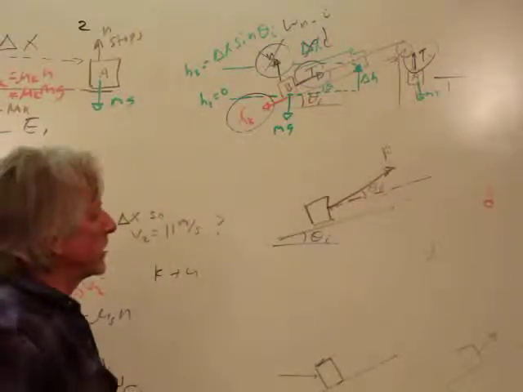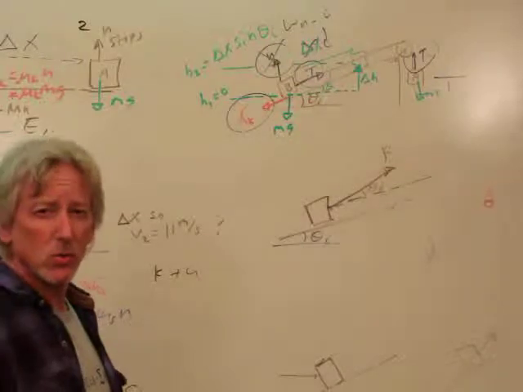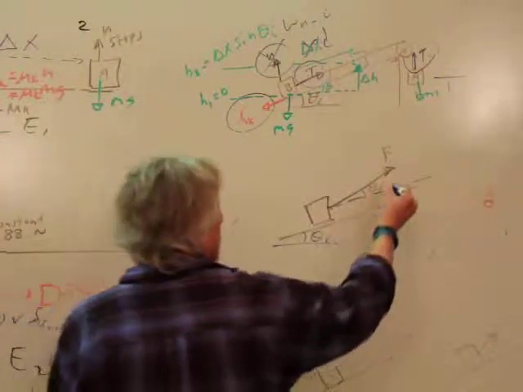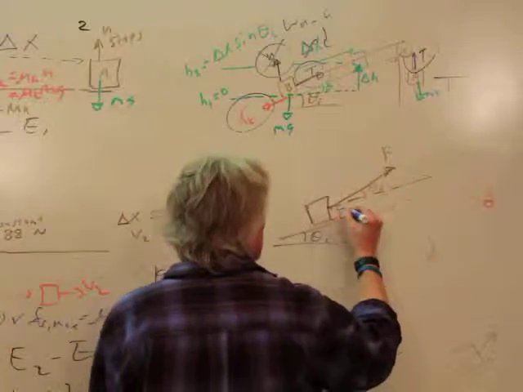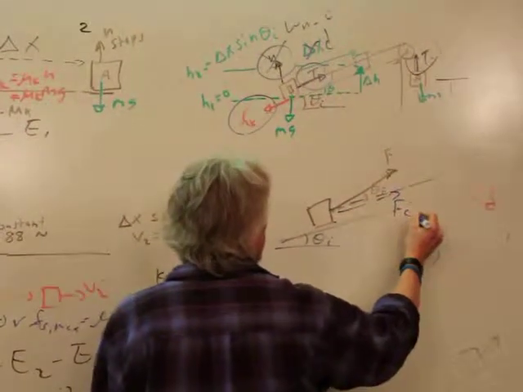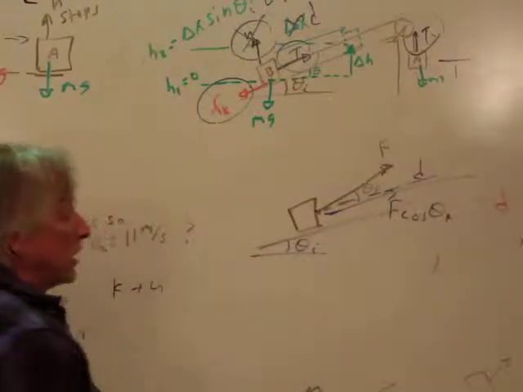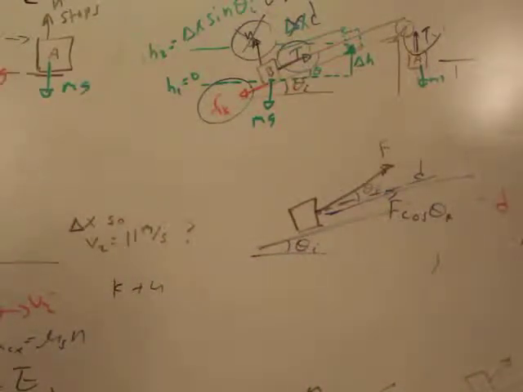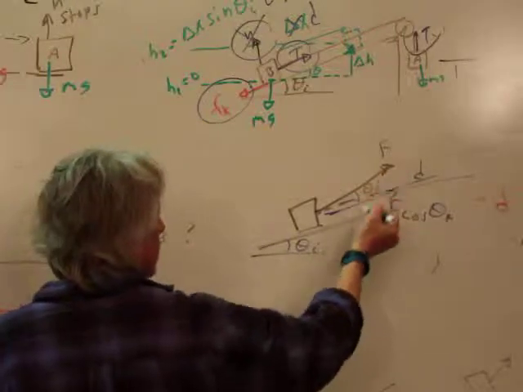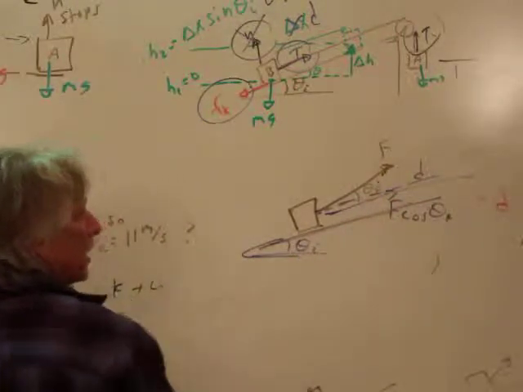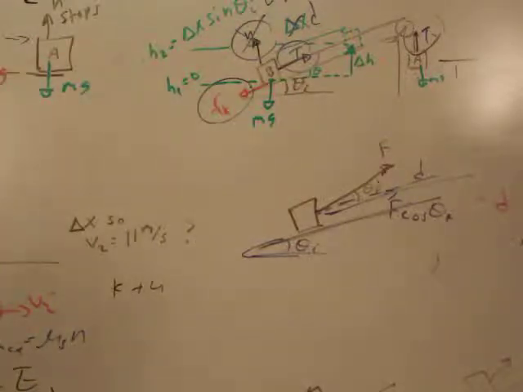So, professors can get a little tricky just to make sure you know what you're seeing and doing. The work here would be F cosine of theta F times the D there. And so that's the angle relative to this, not that angle. So look carefully.